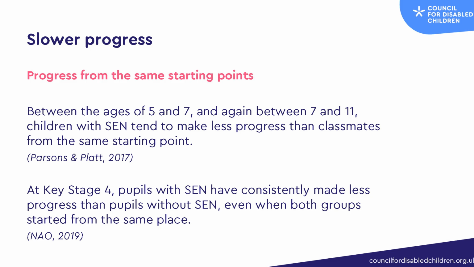By Key Stage 4, pupils with SEN were still making less progress than their peers with similar starting points. So this isn't about lower starting attainment. It points to barriers within the system, and those are exactly the barriers the Equality Act requires schools to anticipate and remove.